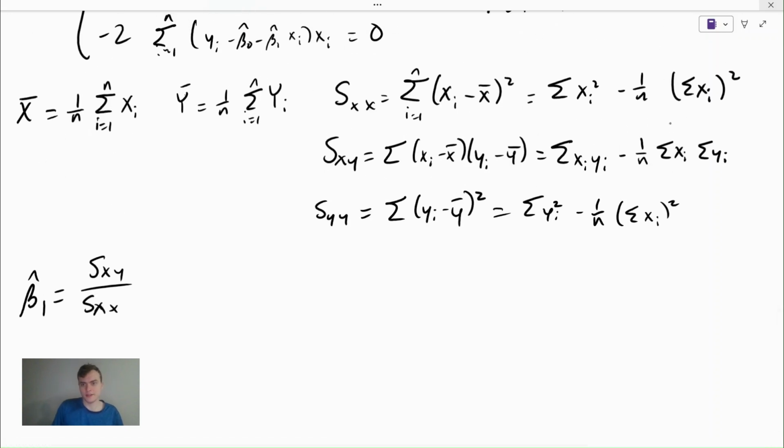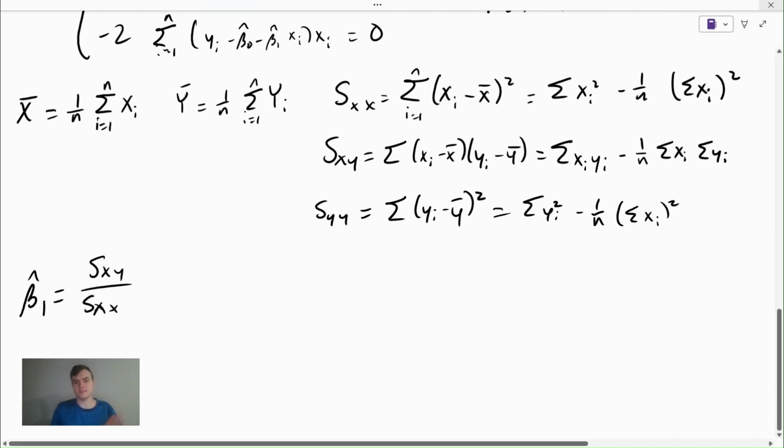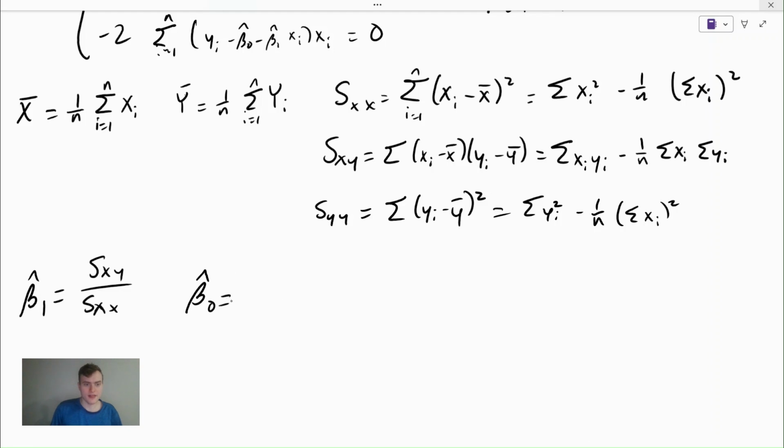So here, this thing divided by this thing, just a ratio of those gives us the beta 1 hat directly. After calculating beta 1 hat, then we can calculate beta 0 hat. It's going to be y bar minus beta 1 hat times x bar.